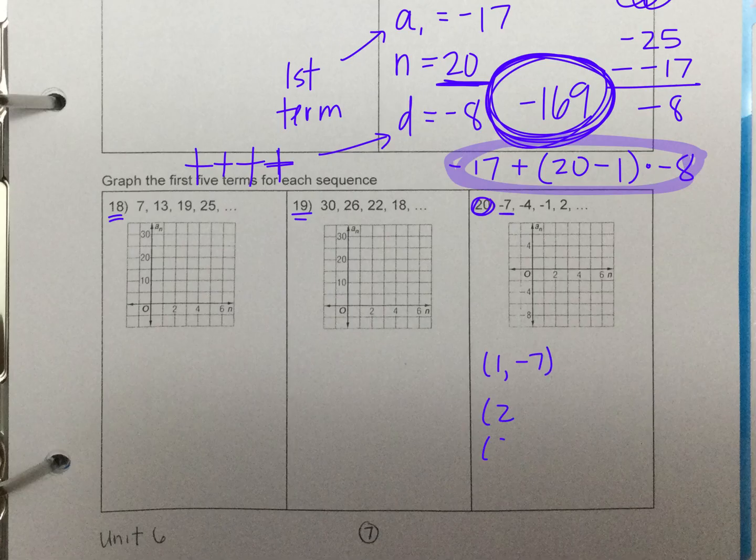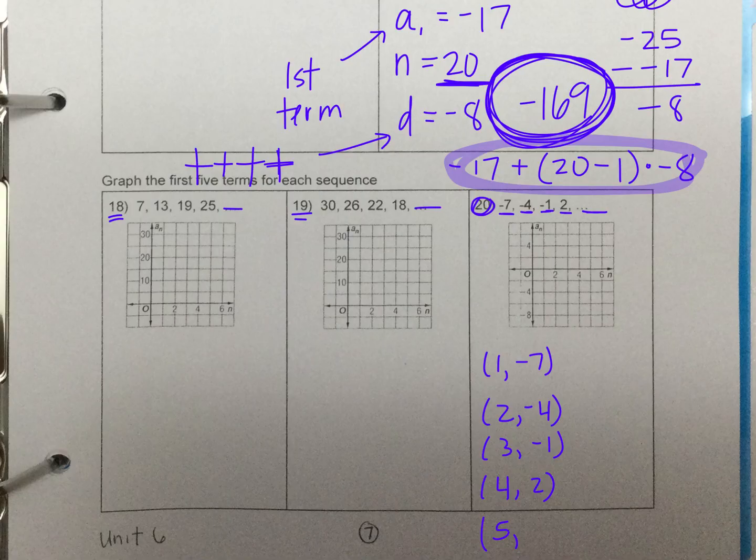So I'm just going to write 2, 3, 4, and 5. My second number in the list is a negative 4. Third is a negative 1. Fourth is a 2. I need to figure out the fifth one. It's not there. So you're going to have to figure out the fifth one in each of these.